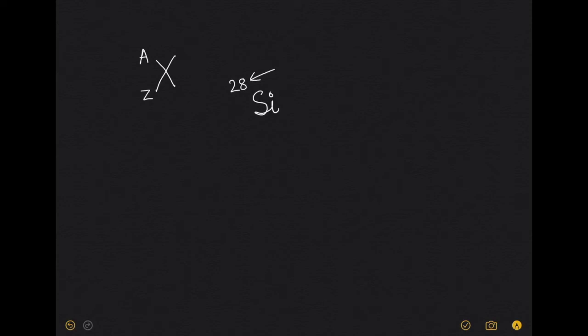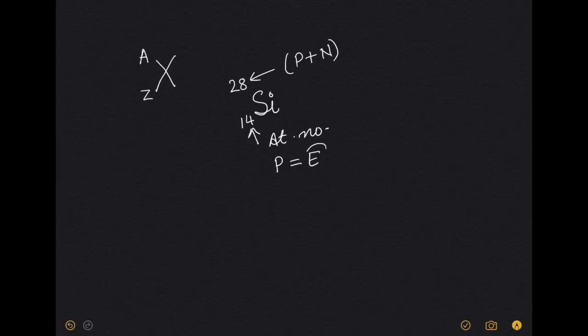Mass number means the number of protons plus neutrons in the nucleus, and then 14 is written, and you know what 14 is? It is the atomic number. Atomic number is the number of protons, which is equal to the number of electrons. We need to know the number of electrons in order to draw the atomic structure.